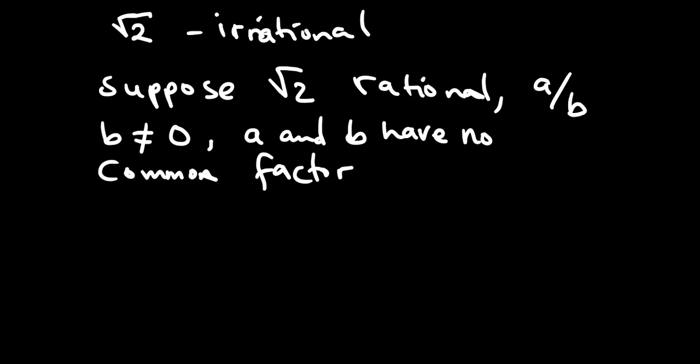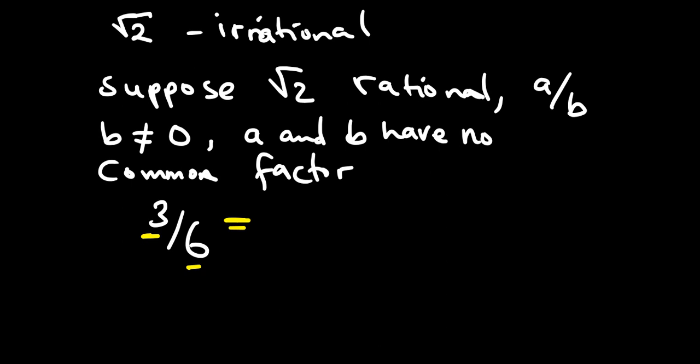So when we have 3 over 6, we can see that there is a common factor here, which is 3. 3 can divide both 3 and also 6. So these have a common factor, so it is not in the required form.